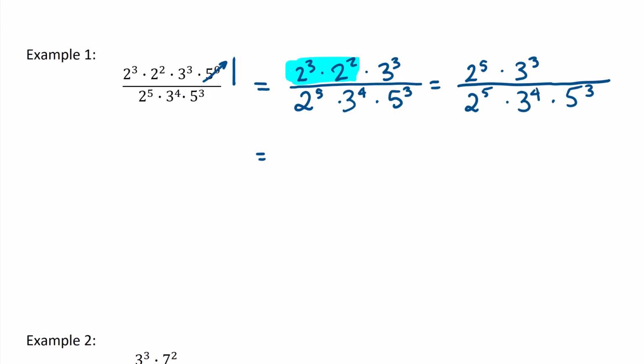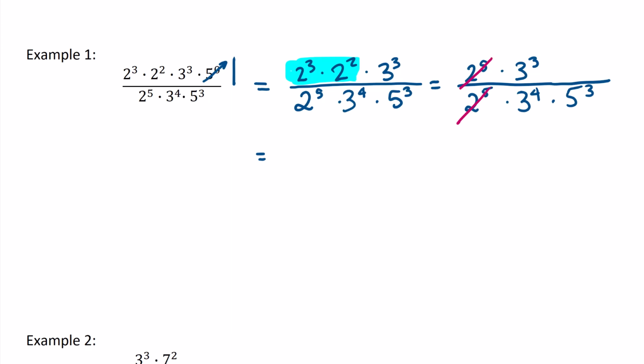Notice that I have a 2 to the fifth over 2 to the fifth. Since these are just 2 multiplied to itself 5 times in the numerator and denominator, they are equal to 2 to the 0 or just 1, and so they reduce out.